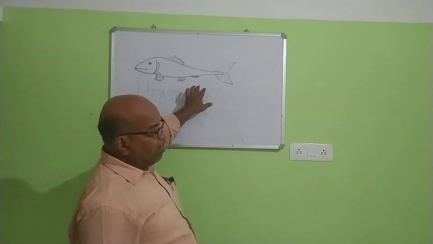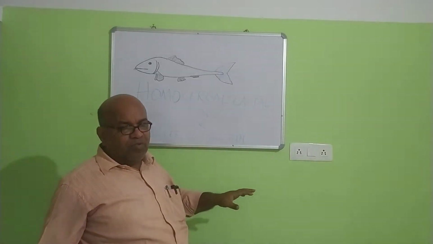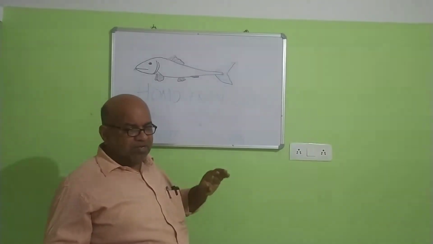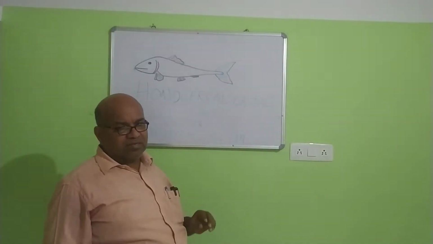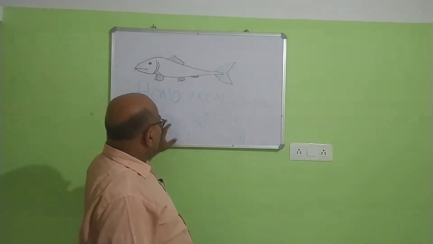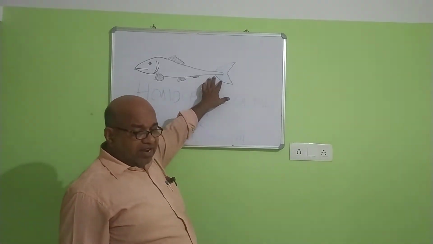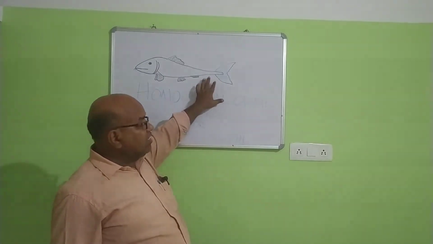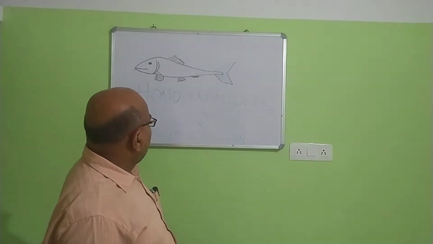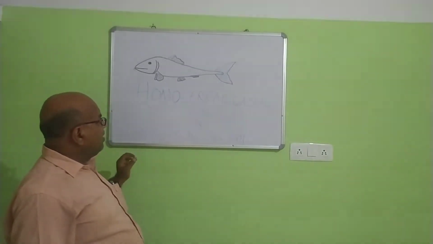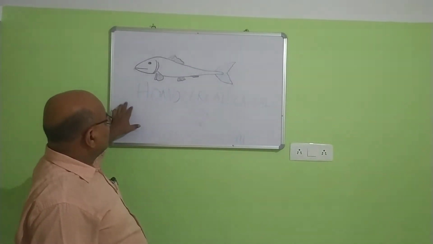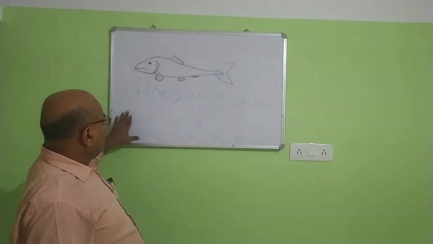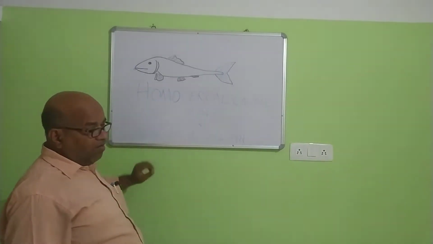But this animal moves very lavishly in the water bodies in the same manner. It comes upward, sometimes it comes downward, like this. And it is one significant character of your bony fish or Osteichthyes. Specifically, those fishes possess a homocercal tail fin.